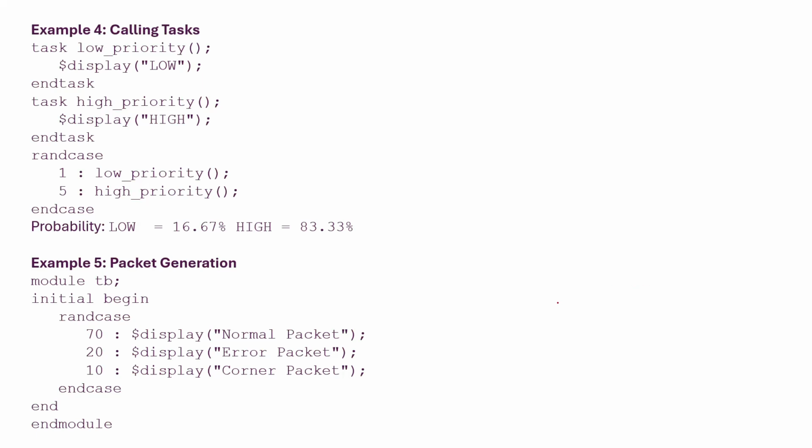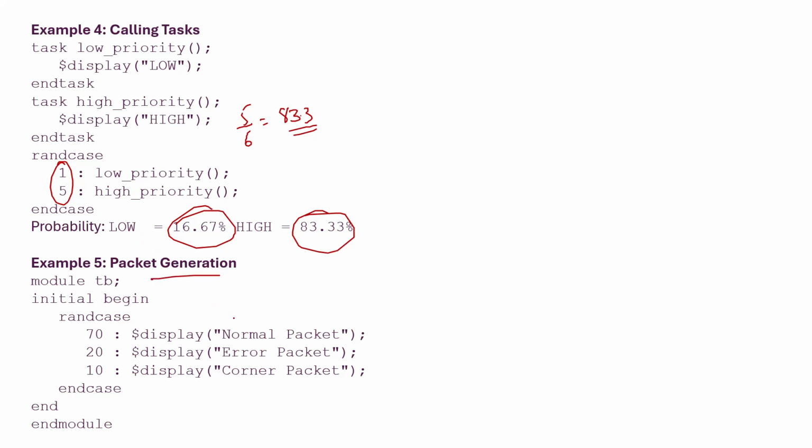The maximum chance is here: total weight is 6, so 5 by 6 is approximately 83% chance. The remaining percent is 17%, which is 1 by 6. So based on that priority, we get the output at the display side, based on the weight we give.